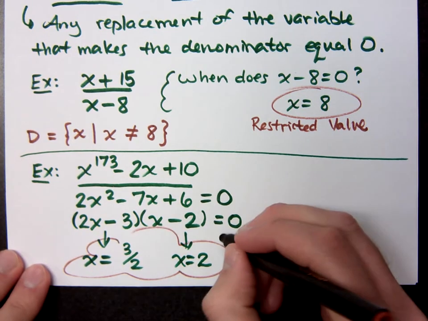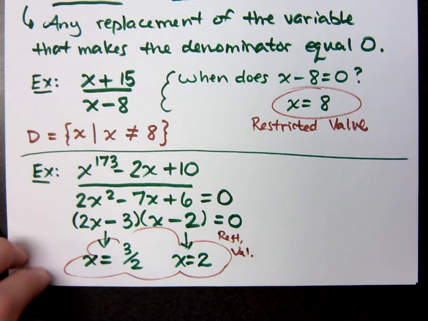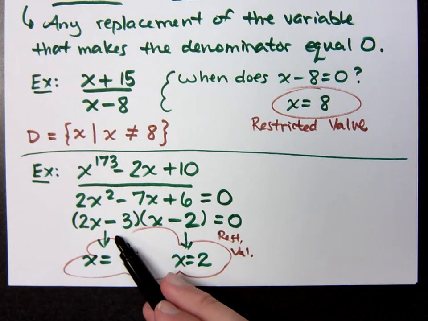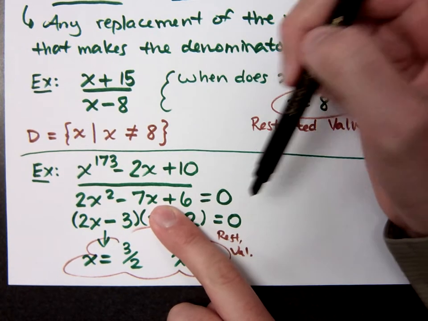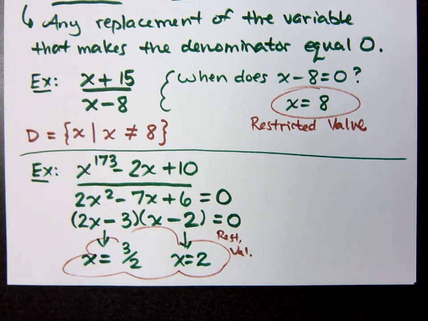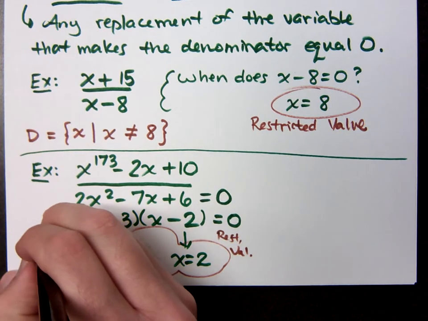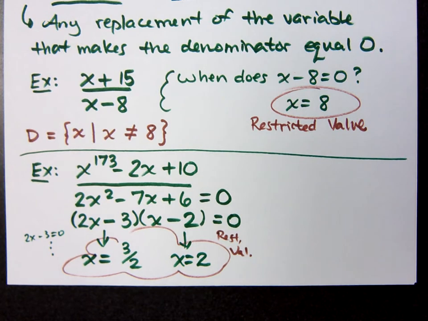If you set this one equal to 0, you have to add the 3 and divide by 2, and that's how we get the 3 halves. If you need to take it off to the side and work it out, you can. Step by step, you'll get positive 3 halves.